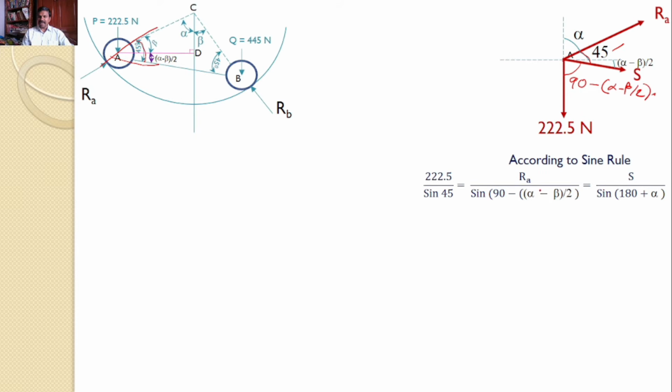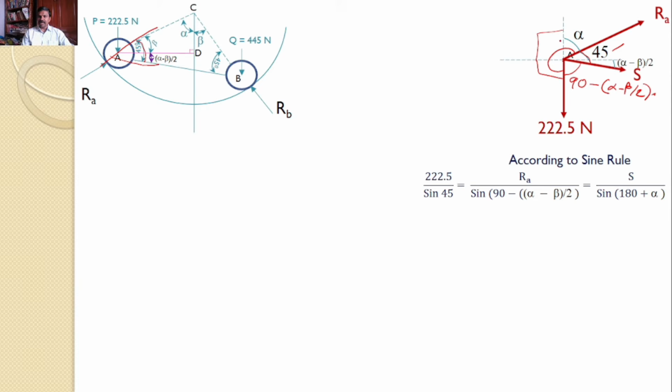Hence I can write RA by sine of 90 minus alpha minus beta by 2, that is equal to S divided by sine of the angle between the other two forces, that is 222.5 and RA. How much is this angle? Clearly this angle is alpha, and the other two are 90 and 90, so I can say it is 180.